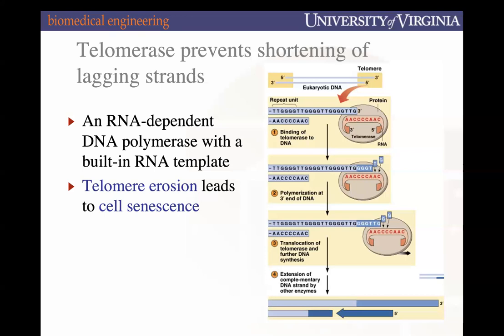And so one way in which we leverage that in research labs is we can create immortalized cell lines where they have these constantly active telomerases that are constantly rejuvenating or replacing their telomeres, so that these cells are not ever going to reach senescence. These cells will keep going.